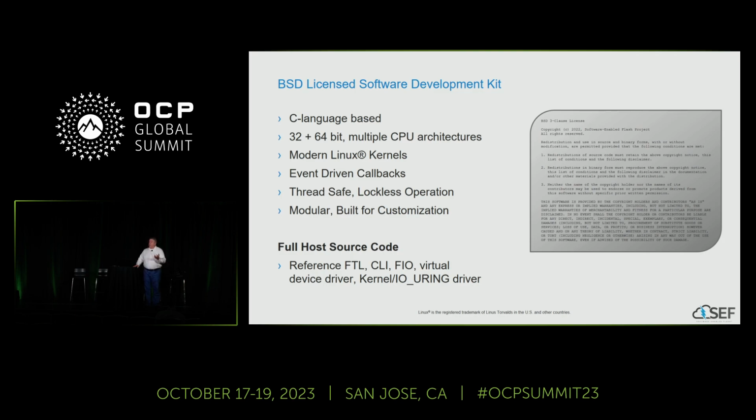Everything comes as C language based. There are 32-bit and 64-bit code bases supporting multiple CPU architectures. Think Big Endian and Little Endian, both are supported. It's driven on modern Linux kernels, of course. Event-driven callbacks, asynchronous, thread-safe, lockless operations, completely modular.